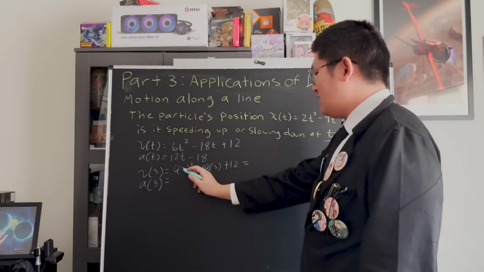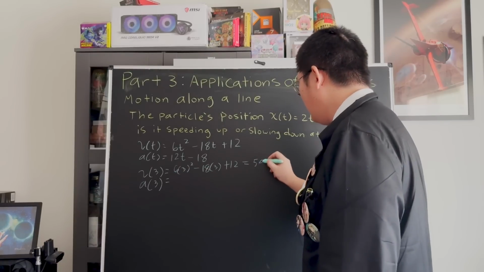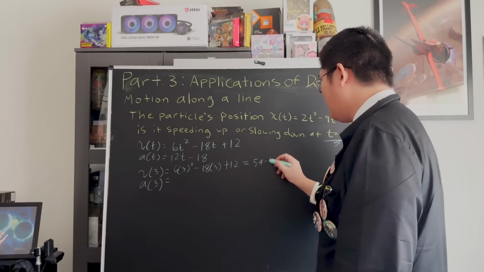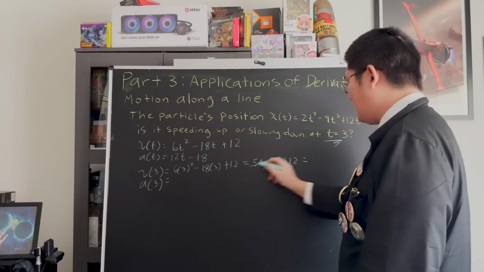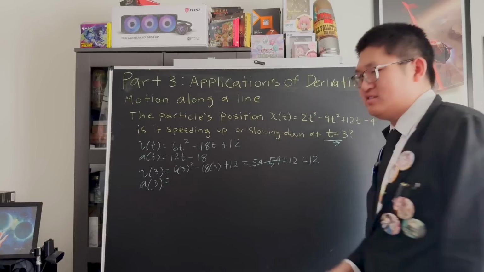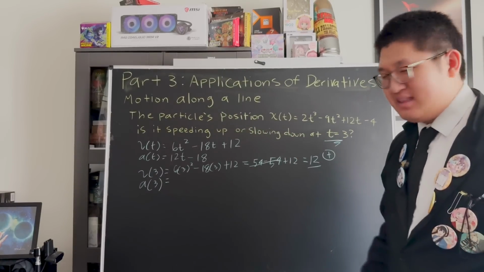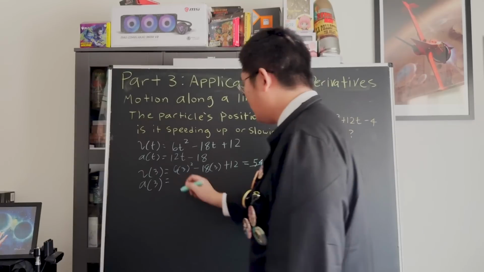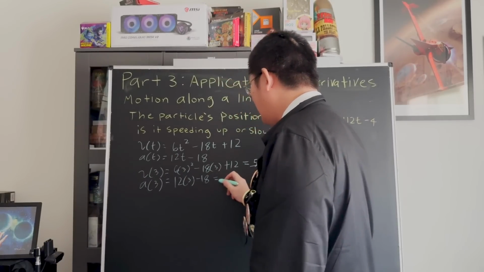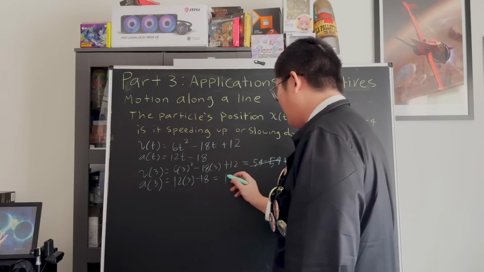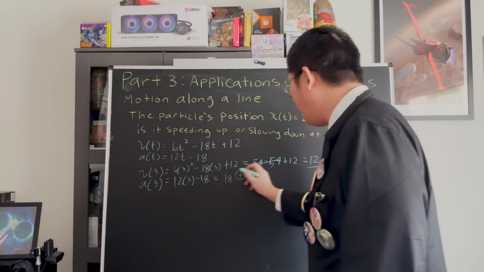So the exponent goes first, 9 times 6 giving us 54, minus 18 times 3, which is another 54, and then plus 12, giving us a nice canceling right there and a positive 12. That is a positive result for the velocity. Then comparing that alongside the acceleration, plugging in 3 into 12t, subtracting 18, so 36 minus 18 will give us positive 18 as a result, making that positive as well.